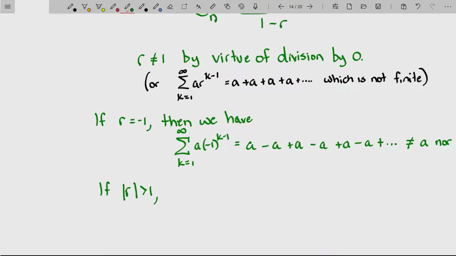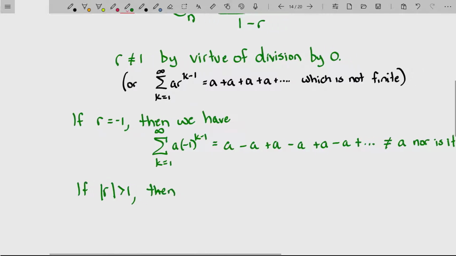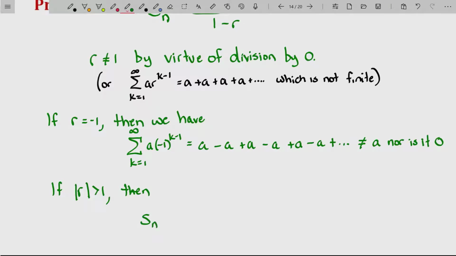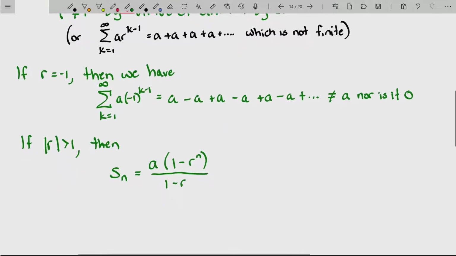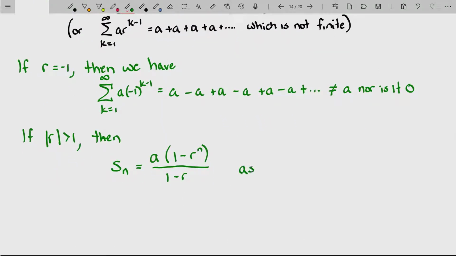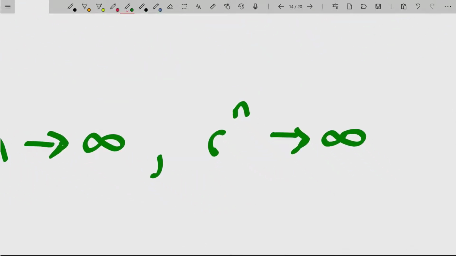So if the magnitude of r is greater than 1, then our partial sum, which is equal to a times 1 minus r to the nth over 1 minus r. Well, as n goes to infinity, r to the nth will also go to infinity because it's a number, the absolute value of which is greater than 1. So if you just think about numbers that are greater than 1 in magnitude, it could be 1.2.